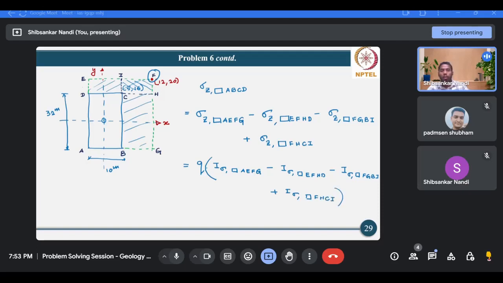So Q you know, 160 kPa. Just calculate the stress influence factor for all of these rectangles.